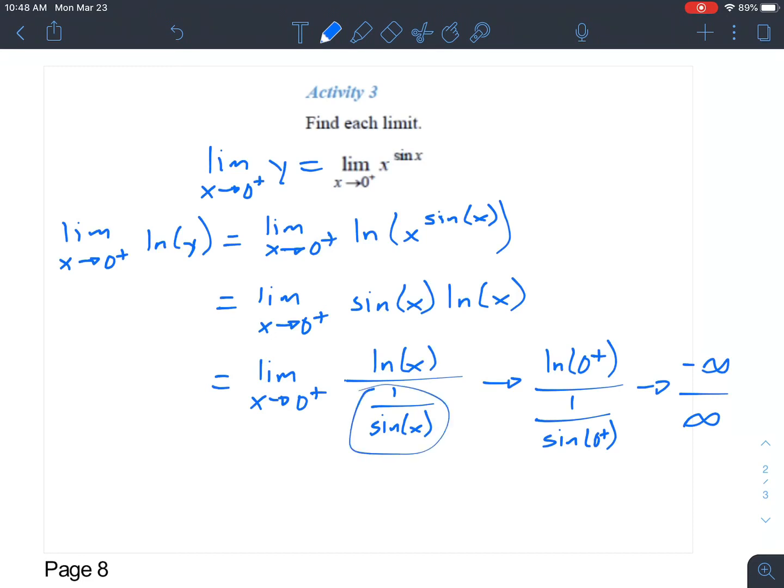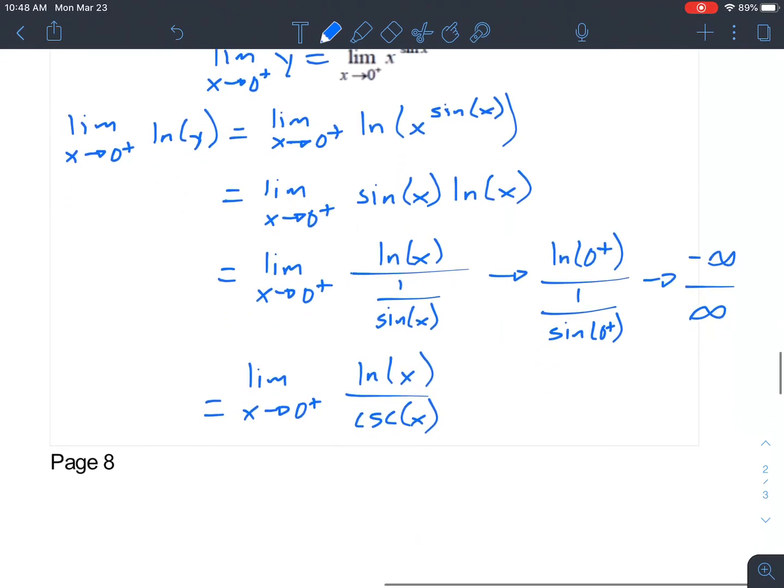You can keep this as 1 over sine if you want. I think, though, we'll have a little bit of an easier time if we change that into its simplified form, cosecant. And hopefully you remember the derivative for cosecant when we do L'Hopital's here. So for the top we've got 1 over x.